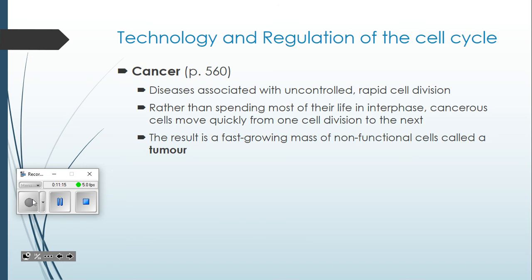So they're really going to shorten up the interphase part where the cell grows, builds structures, gets energy, all the stuff that it needs to do to be functional. And so without this extended period in interphase, the result is that we get this big, fast-growing mass of non-functional cells. And that's what we call a tumor.